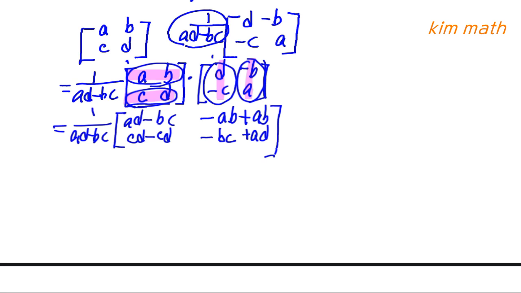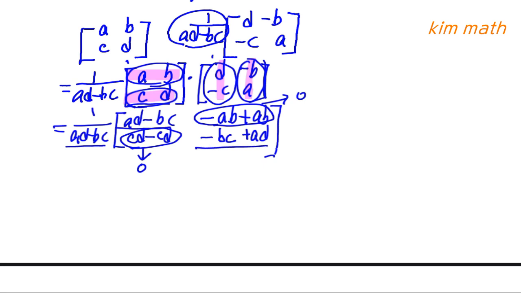First of all, this one is 0, right? And this is 0. And your denominator in front of the matrix, you have AD minus BC. Now this is AD minus BC, this is AD minus BC.